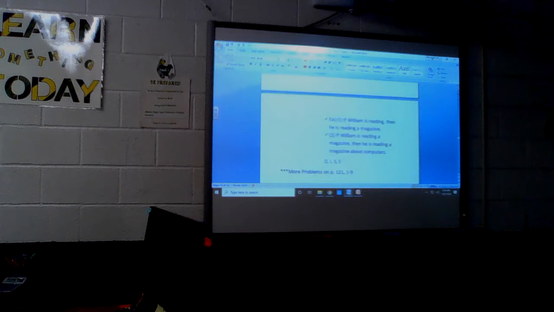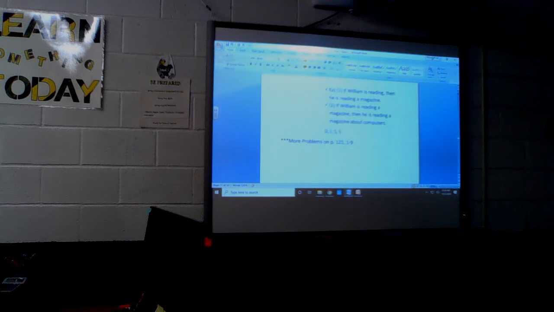I think there's one more. If William is reading, then he is reading a magazine. So the only thing that William reads is magazines, evidently. He doesn't like to pick up a book. He doesn't like to pick up his school books. Right? If William is reading a magazine, then he is reading a magazine about computers. Which one do you think? Did we get specific? Is there two general or two if-then statements?